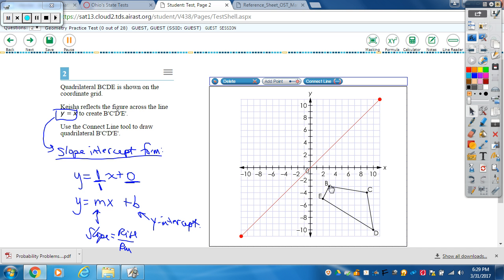So if I count this, 1, 2, 3, 4, 5, 6, 1, 2, 3, 4, 5, 6. That point right there is B prime. It's been reflected across. And you should be able to tell from here to here, okay, that line is perpendicular. That reflection has got to be perpendicular, okay?